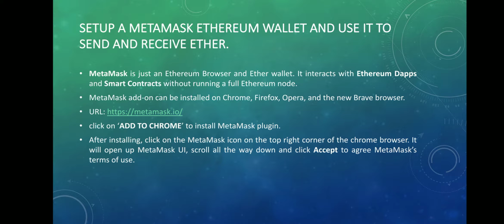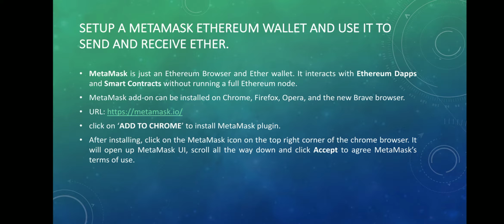Once you have visited the website metamask.io, based on your browser, maybe Firefox or Google Chrome, you can search for it and add the file. You need to download the file. MetaMask will be downloaded, then add it to Chrome, the option to install the MetaMask plugin. After successful downloading, you can add the plugin.